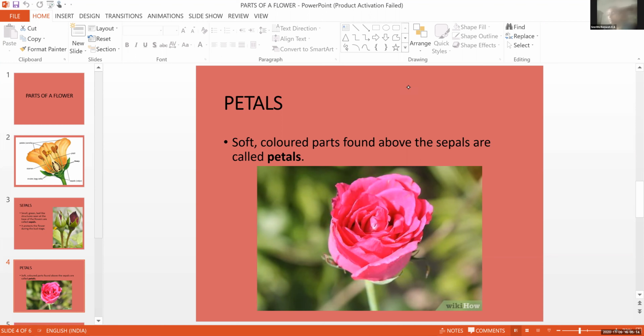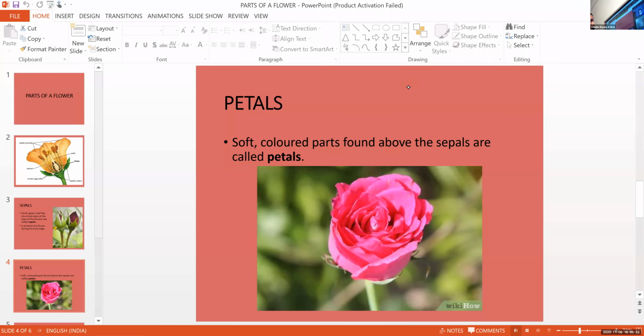If you go out wearing a very bright colored dress, will you be the center of attraction? Yes. Similarly, petals in a flower are for the same purpose.